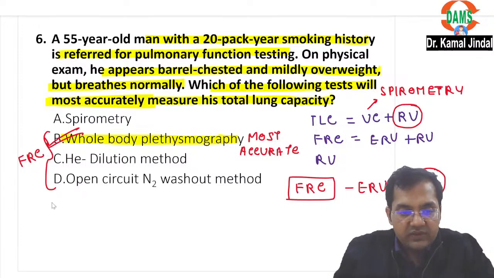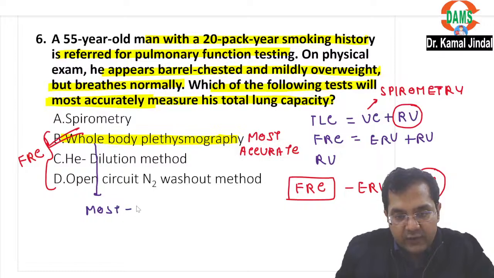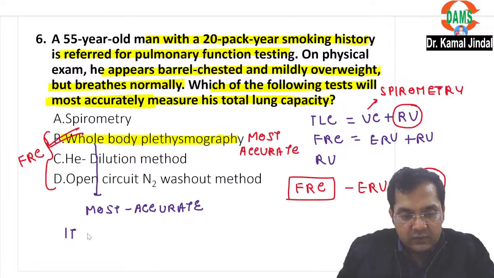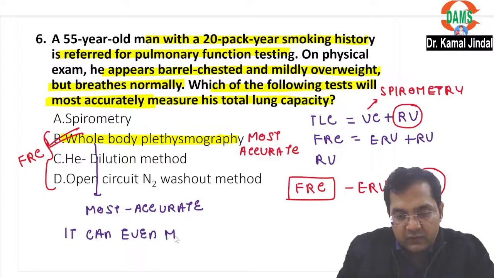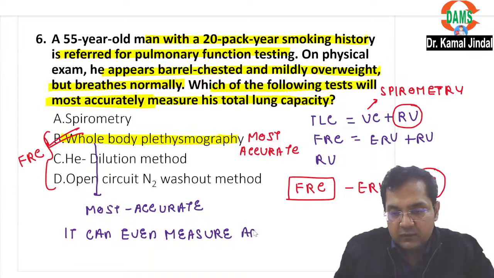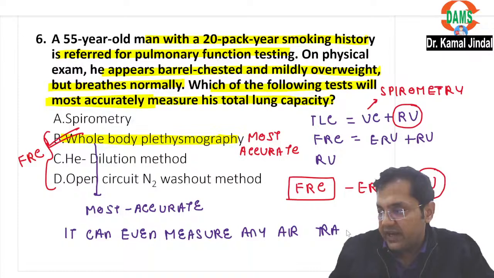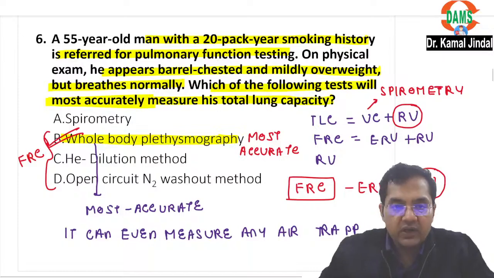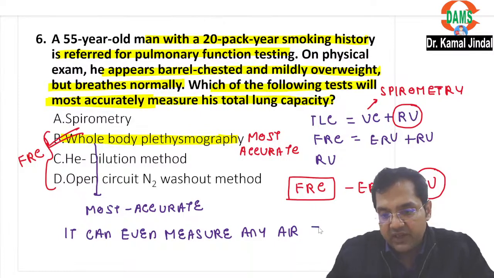What are bullas? Plethysmography is most accurate because it can even measure any air trapped in the emphysematous bullas. Bullas are the trapped air spaces.